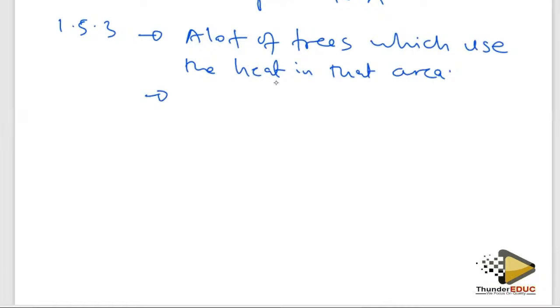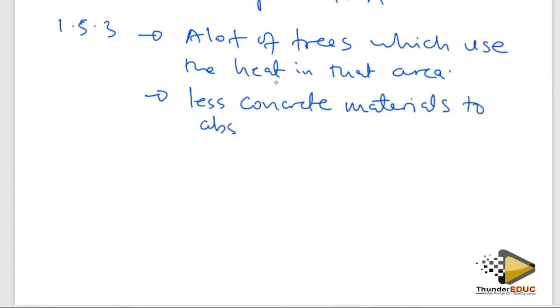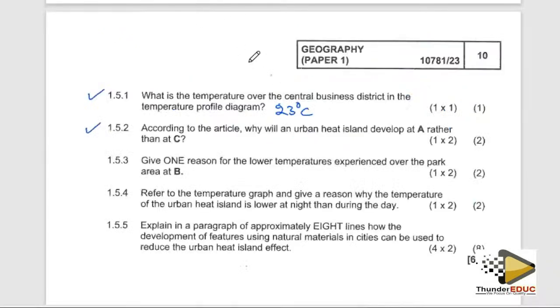As well, where there are trees, that means there's less concrete materials to absorb it, right? So that's what we could talk about at 1.5.3, right?